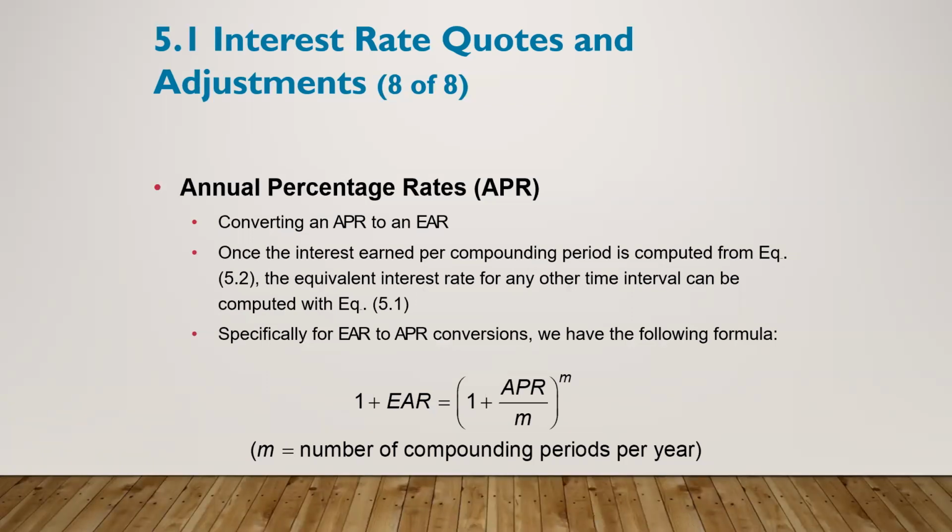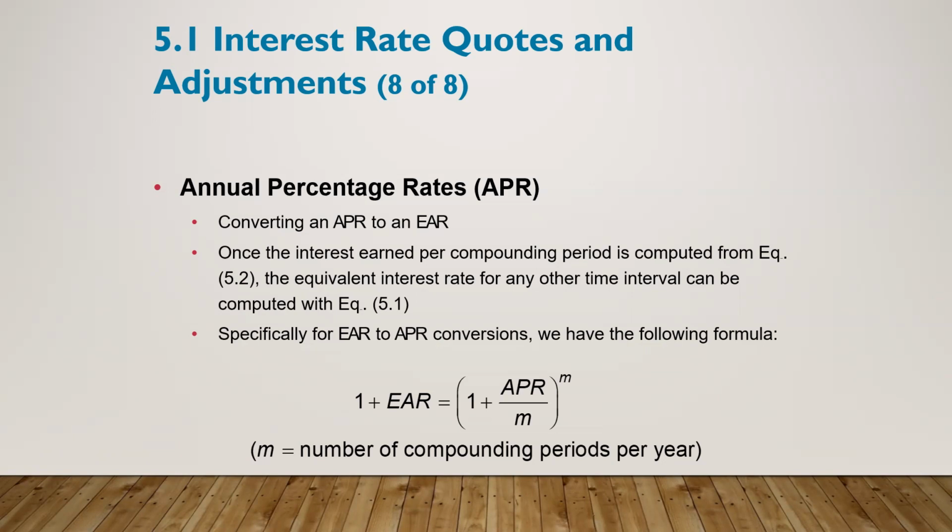Converting an APR to an EAR. Now, once the interest earned per compounding period is computed from equation 5.2, the equivalent interest rate for any other time interval can be computed with equation 5.1. Specifically for EAR to APR conversions, we have the following formula as you see here.